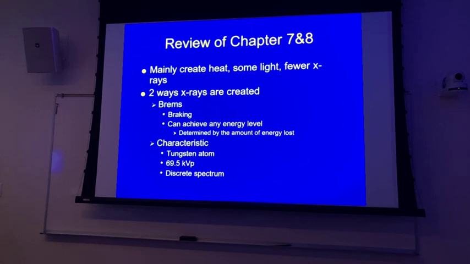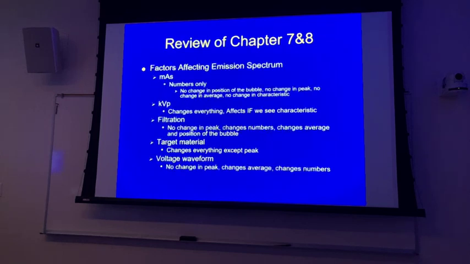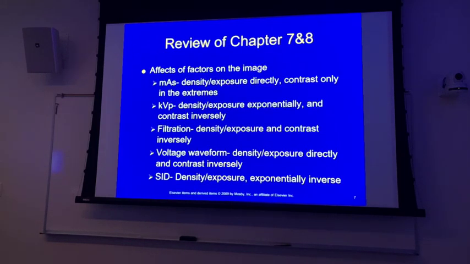We talked a little bit about what we covered in chapters 7 and 8 and the different types of interactions and the different things that affect the beam spectrum, peak energy and average energy, which certainly can affect our grayscale through scatter radiation, which is again what we're talking about in this section. We talked about the technical factors specifically and how they affect the image and scatter radiation.